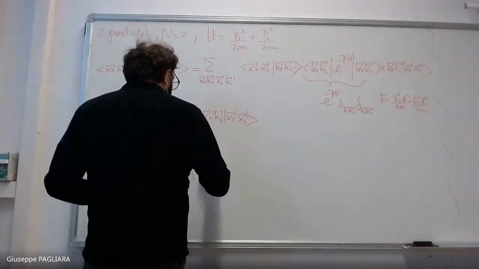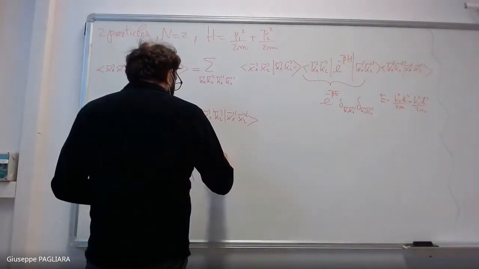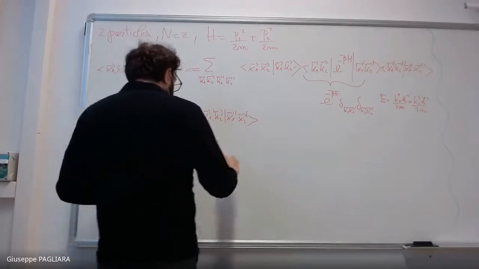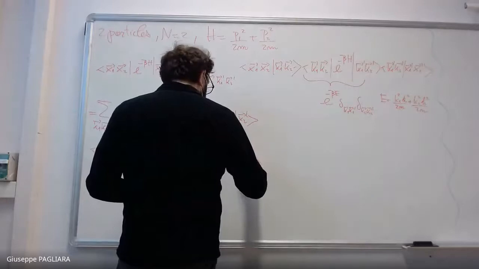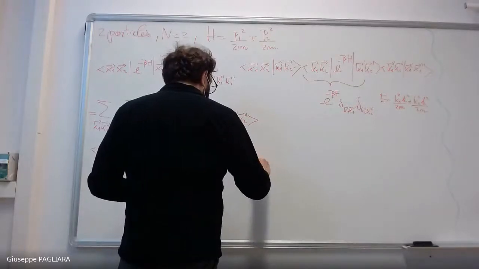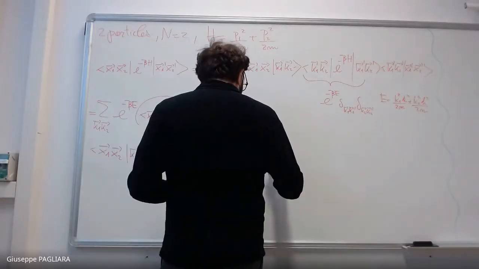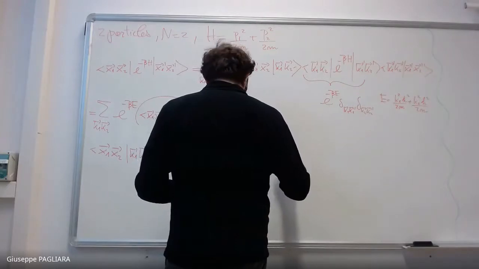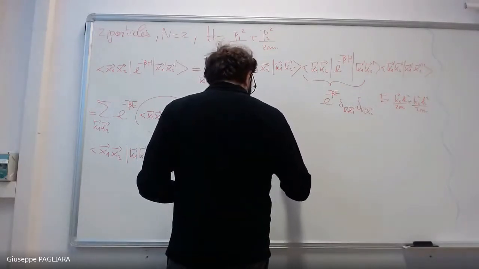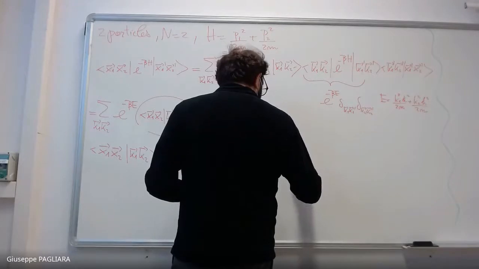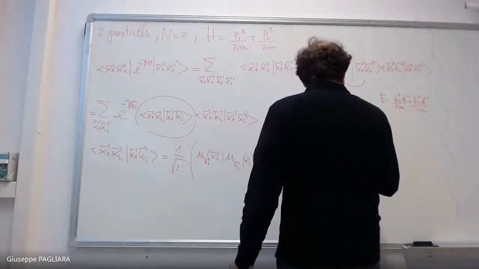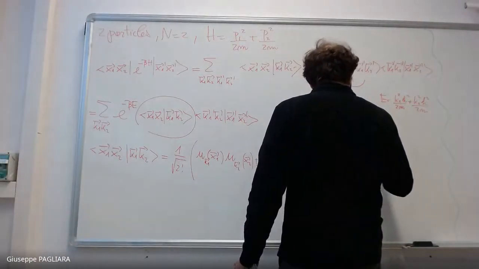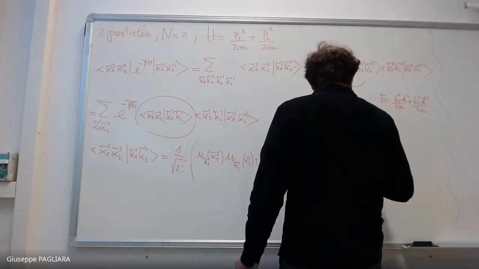And here I have u K1 of x1 and u K2 of x2, plus minus u K1 of x2 times u K2 of x1, where the plus is for bosons and the minus is for fermions.